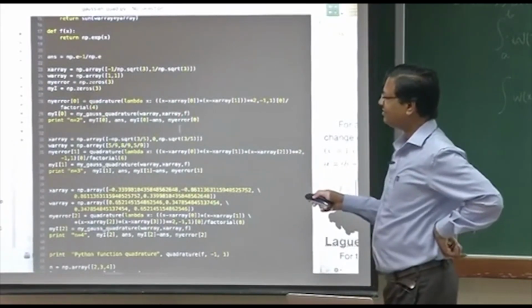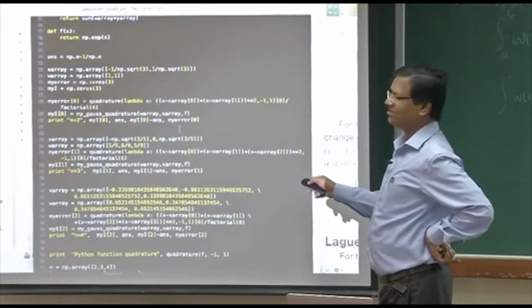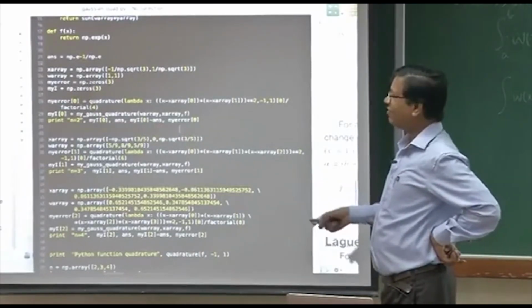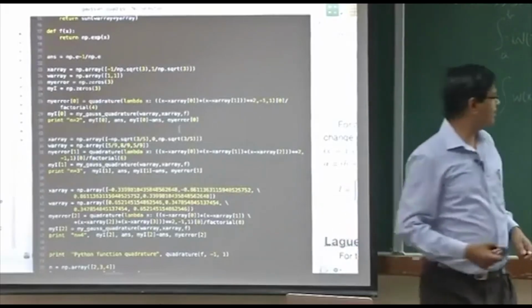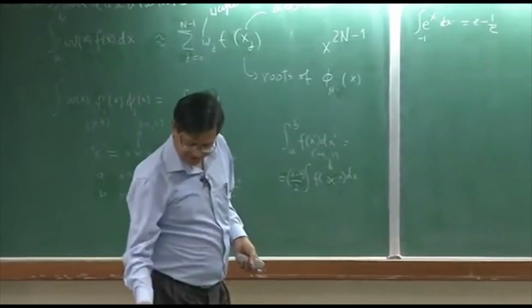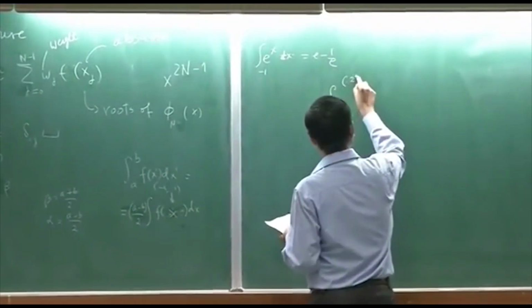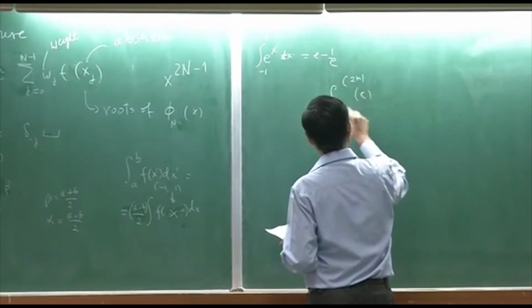So how much is the error? One error is my I minus answer, but I also want an estimate from the formula. I didn't write the error estimate formula, and I am sure you don't remember it: psi 2n zeta.